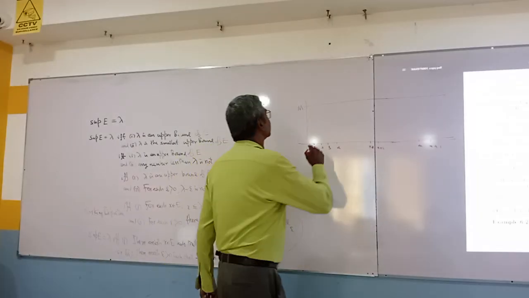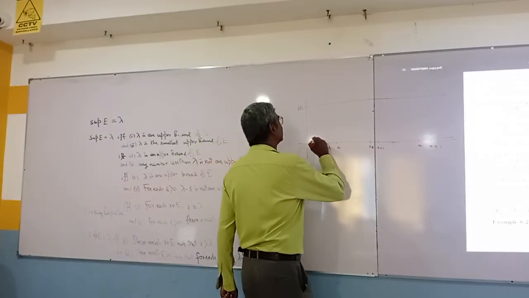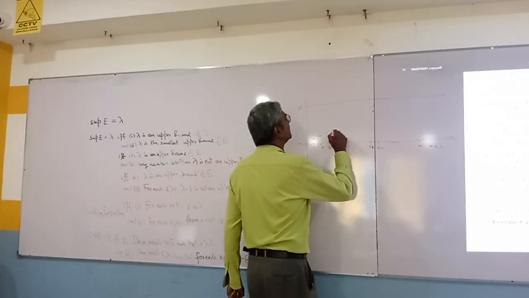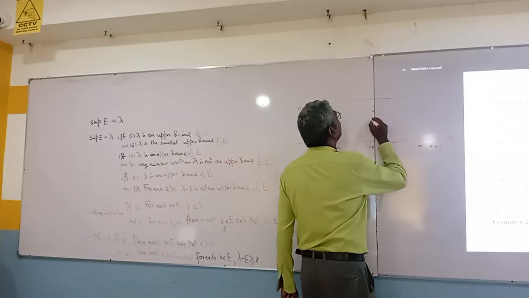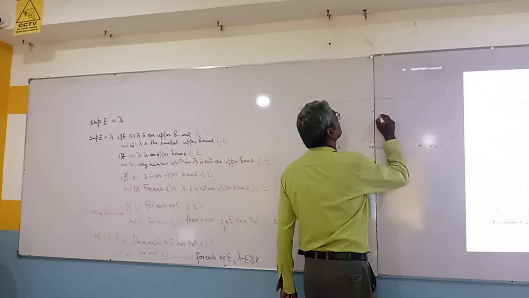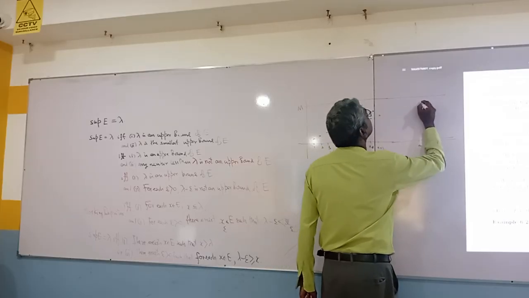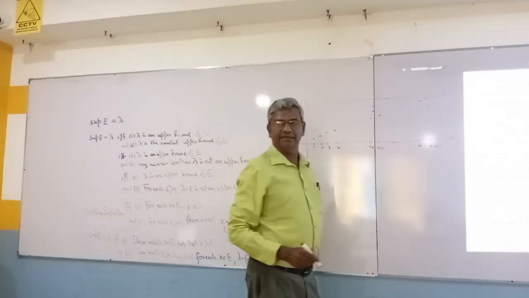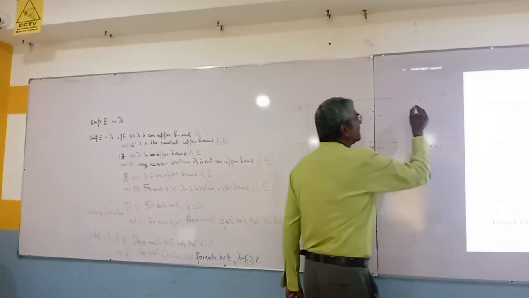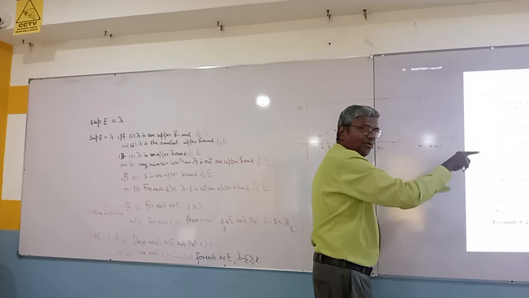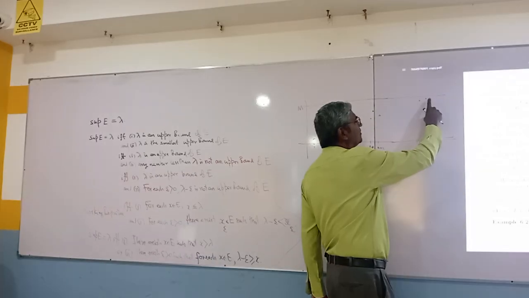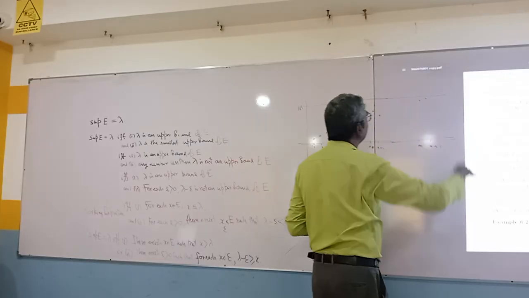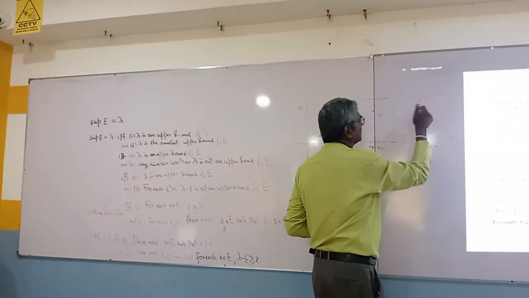This graph is increasing. 2 is a little bigger, 3 is a little bigger, 4 is bigger, n is somewhere here, n plus 1 is somewhere here, always increasing. No matter how far you go, no matter how close you get to M, maybe M is somewhere above, I don't know, I have drawn it closer.